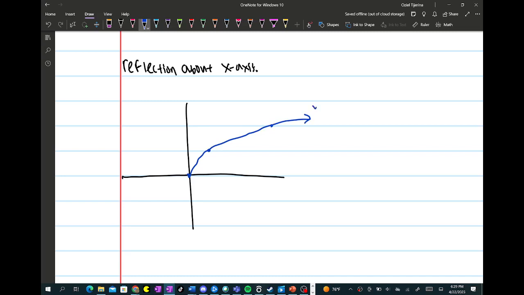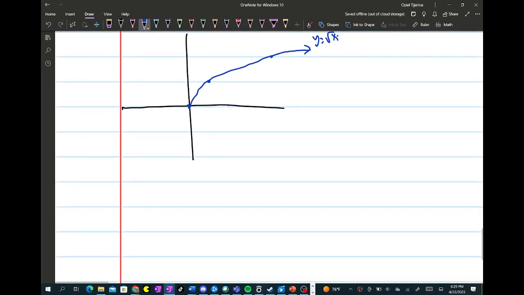And I know this is y equals square root of x because we just graphed it, right? Then what I'm going to do is reflect this about the x-axis.